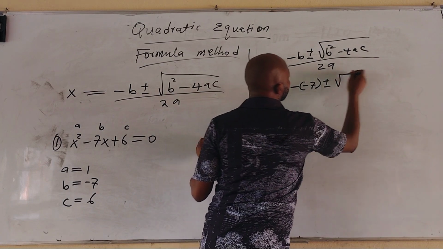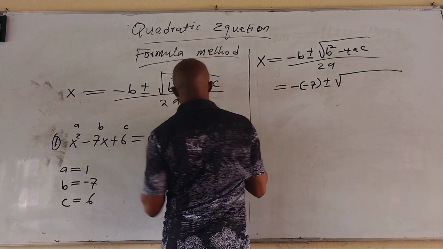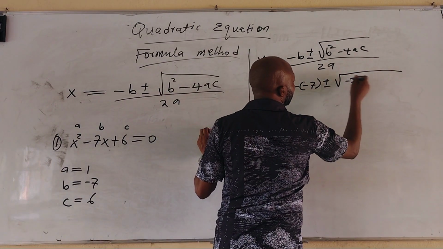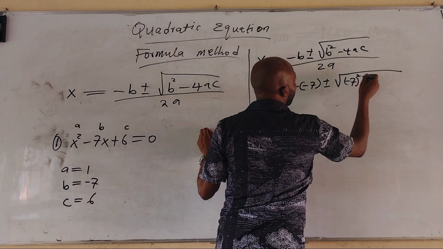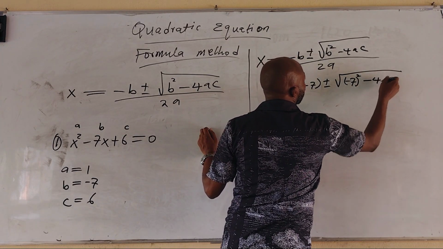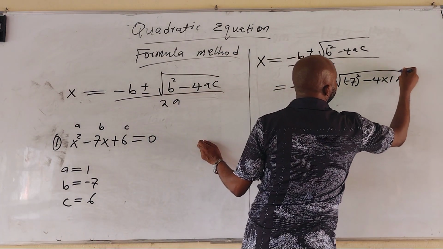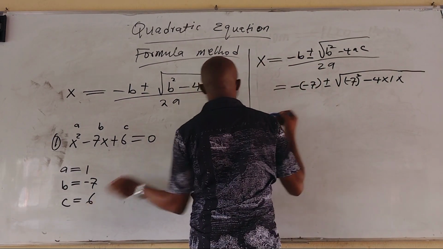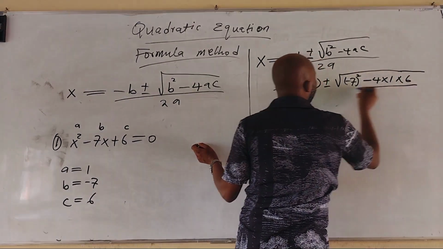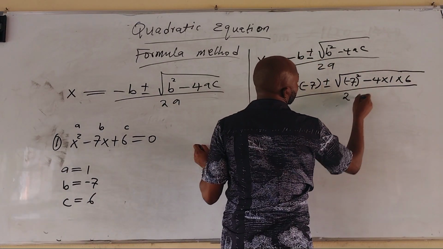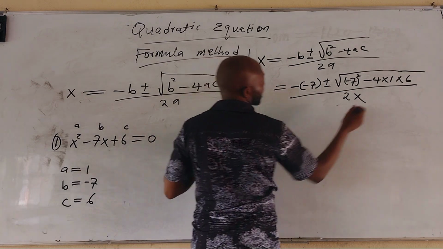Plus or minus the root of b squared, which is minus 7 squared. So I have minus 7 squared, minus 4 times a, which is 1, times c, which is 6, all over 2 times a, which is 1.